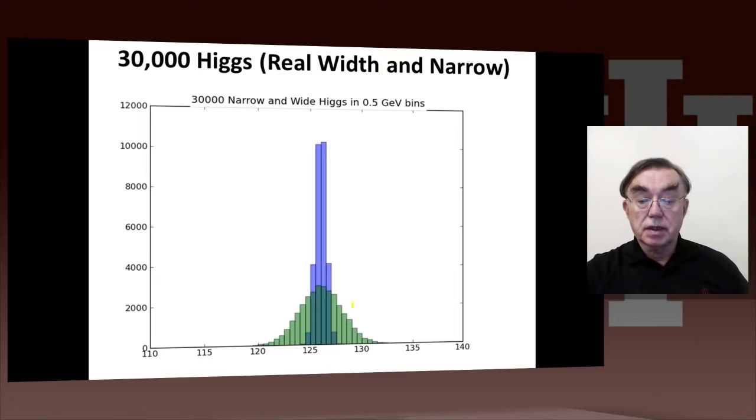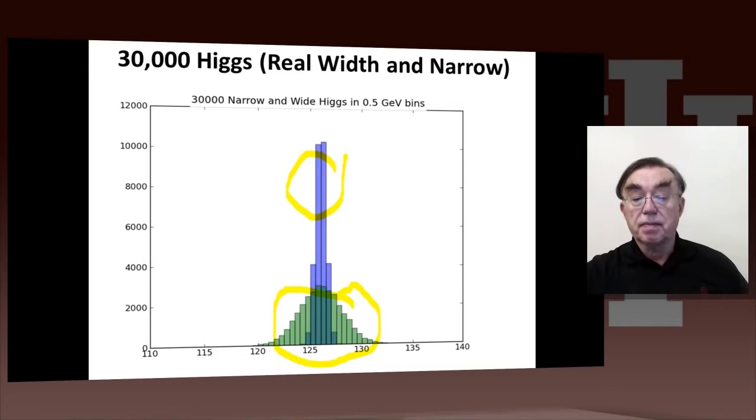These green ones here are the 2 GeV wide Higgs, and the blue the half GeV Higgs, and both of them are pretty striking. They all have this characteristic bell-shaped curve, which is called the Gaussian distribution or normal distribution, which is how we generated them and how we'd expect them to look if this width was due to measurement error.